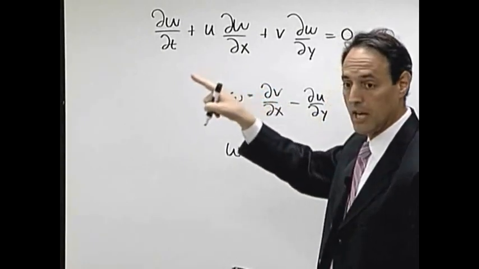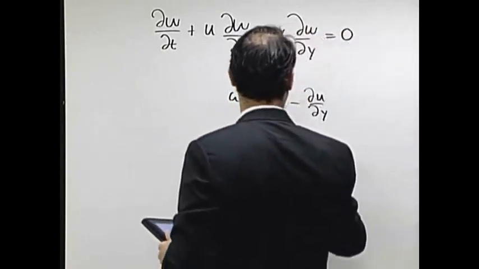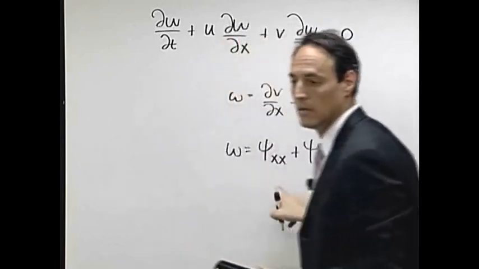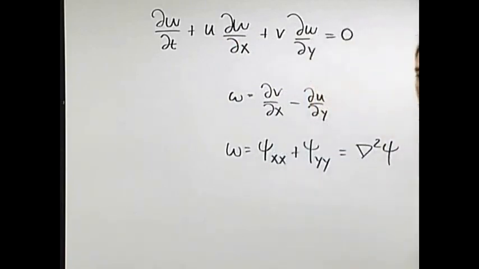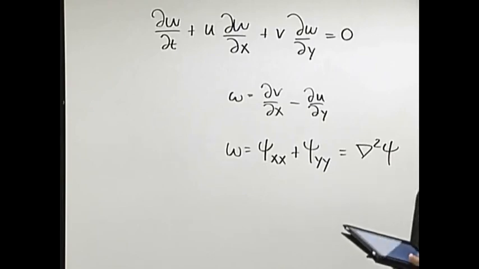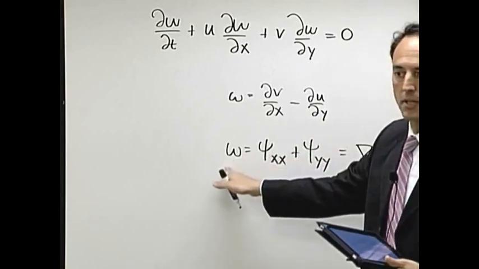I take the u there, which is negative psi y, so the negative and a negative makes it a positive. I get this, which is the Laplacian. So the Laplacian of the stream function is equal to the vorticity.